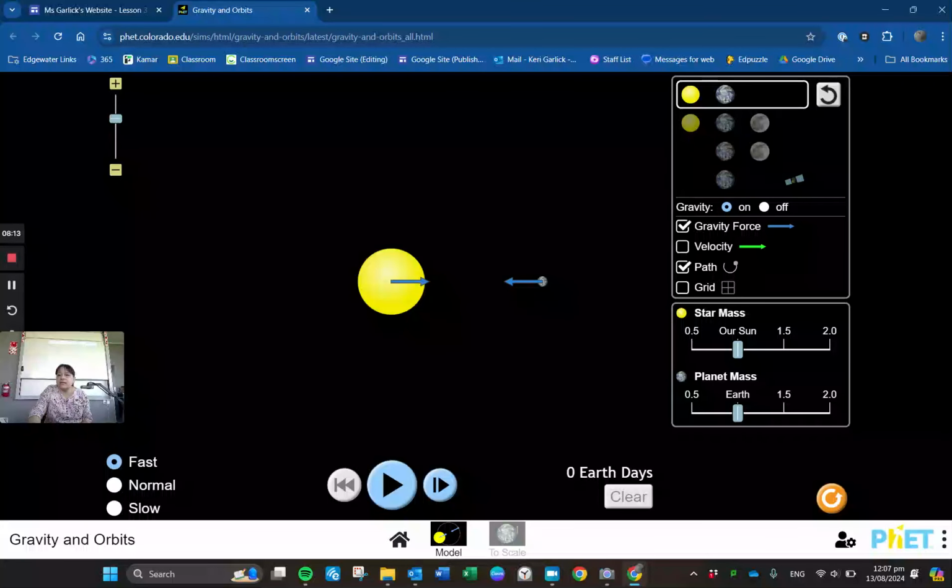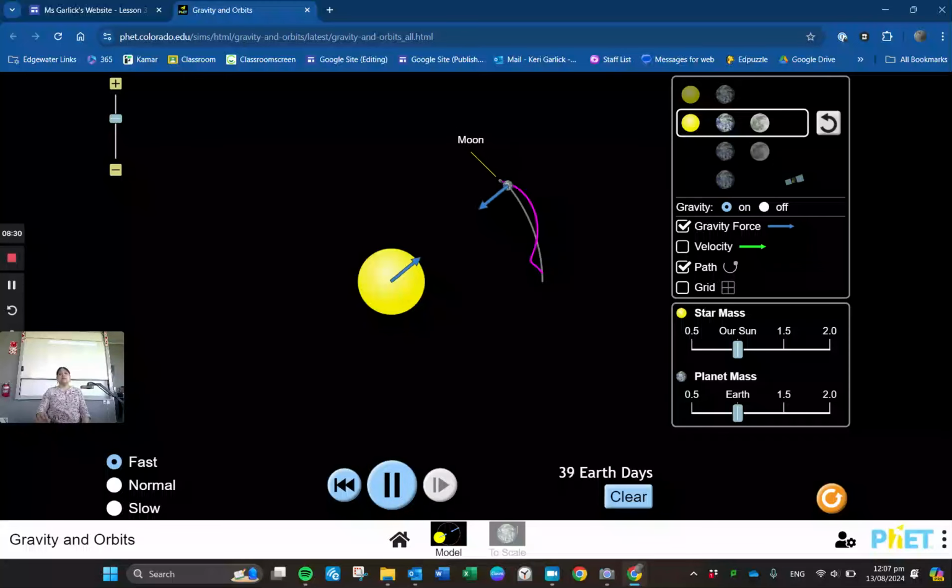So that is just the sun and the moon. If we include the sun and the earth, let's include the moon so we can watch what's going on with that. I think it's all reset. Let's show the path. I love this because it's a great way to see what's going on.